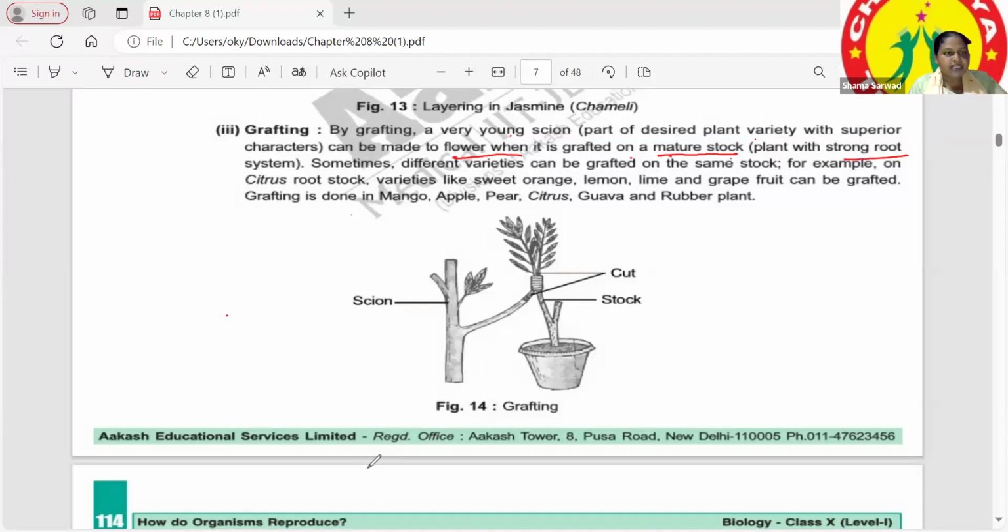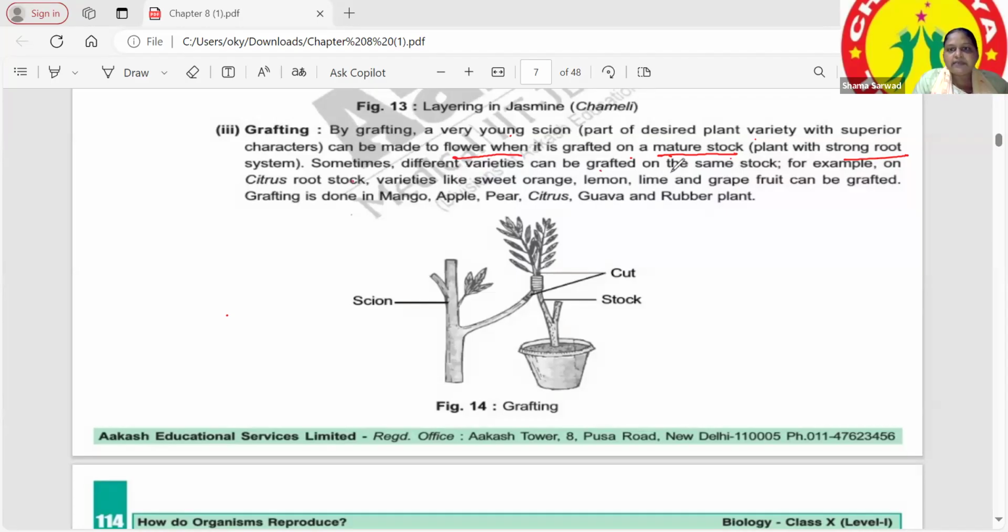So one should have the essential or superior characteristics that you expect in that particular flower, and the other should be a mature stock with a strong root system. The one with a strong root system will absorb the proper nutrients, and the one grafted onto it will give you the proper characteristics in the flower, whatever you expect. A mixture of these two gives proper characteristics in the flower. See what is given here.